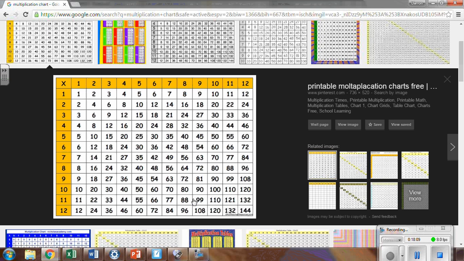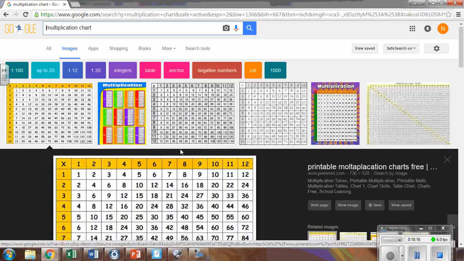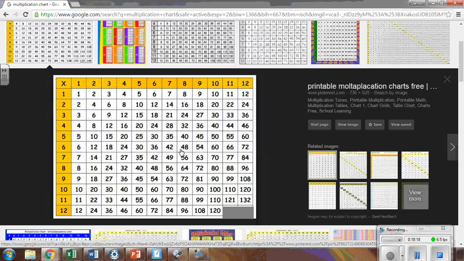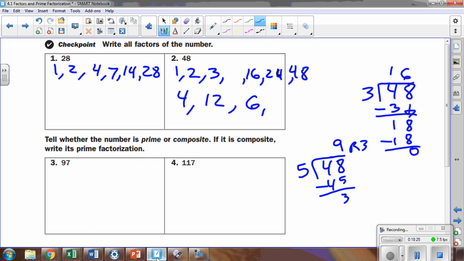And so, for instance, we could say, does 6 work? Yeah. Cut across, we find 48. So yes. We can even then come straight up toward the 8 and get our other pair. There's our full list for the factors of 48.